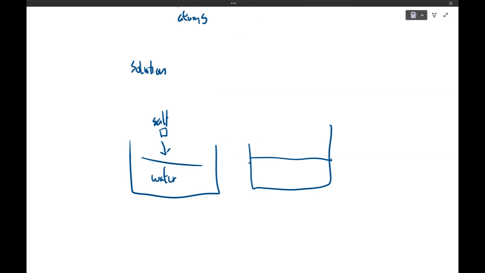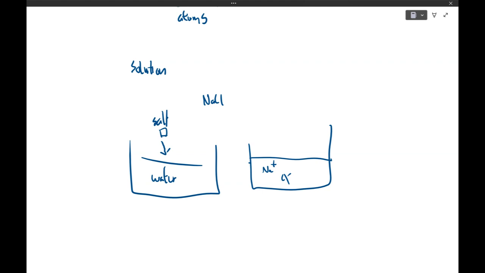It's going to get dissolved. What that means is that the atoms in the salt are separating into, well, if this is table salt, so NaCl, it's going to separate into Na and Cl ions. But also, it's very important to understand that this is not a chemical change.